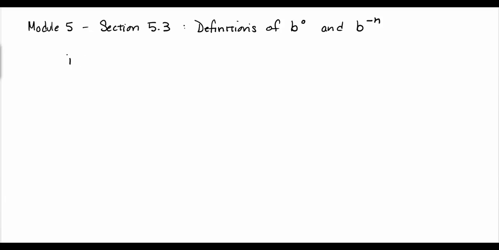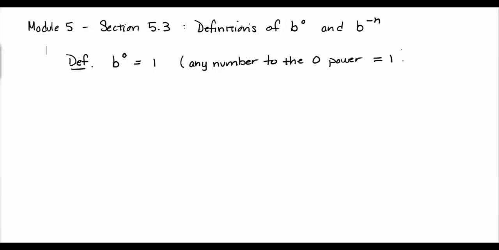So let's first define, anytime you have some base raised to the 0th power, that equals 1. Right, so any number to the 0 power is going to equal 1.